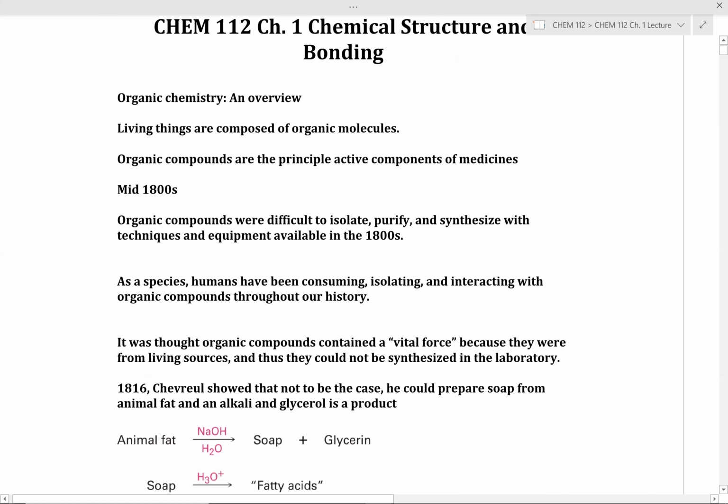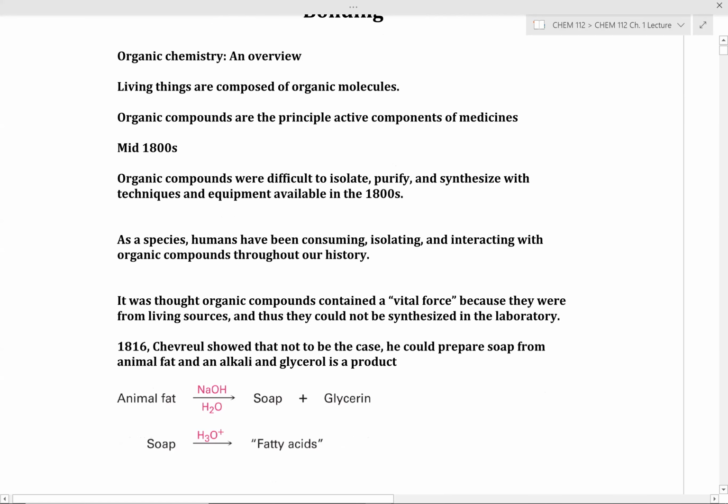In the mid-1800s, the general field consensus was that organic compounds were difficult to isolate, difficult to purify, and difficult to prepare. It was thought at the time that organic compounds contained a quote-unquote vital force that made it such that they could not be prepared from readily available materials.